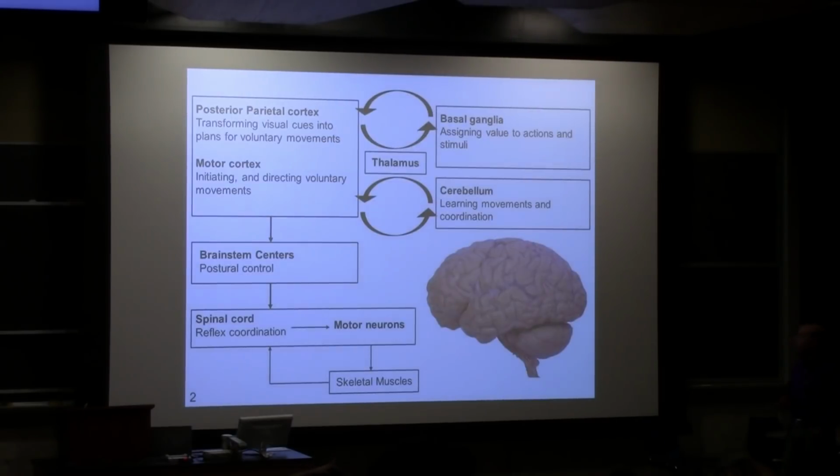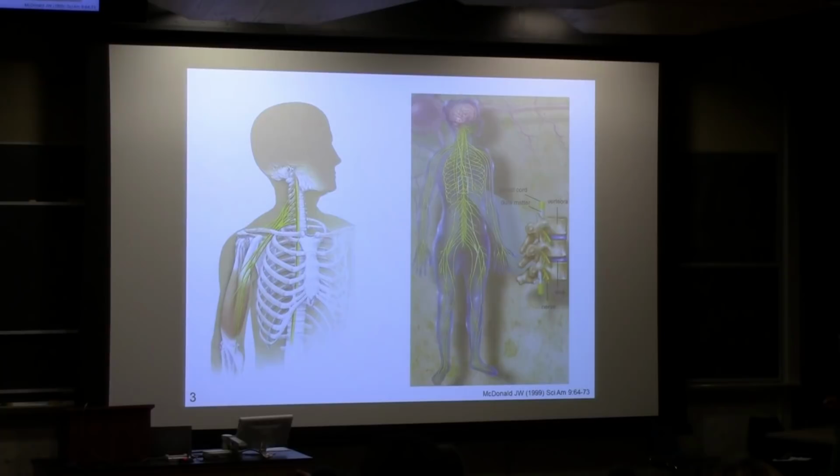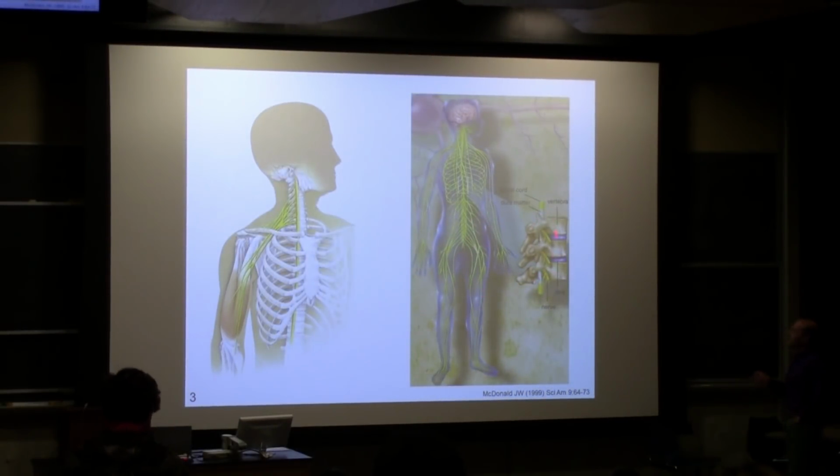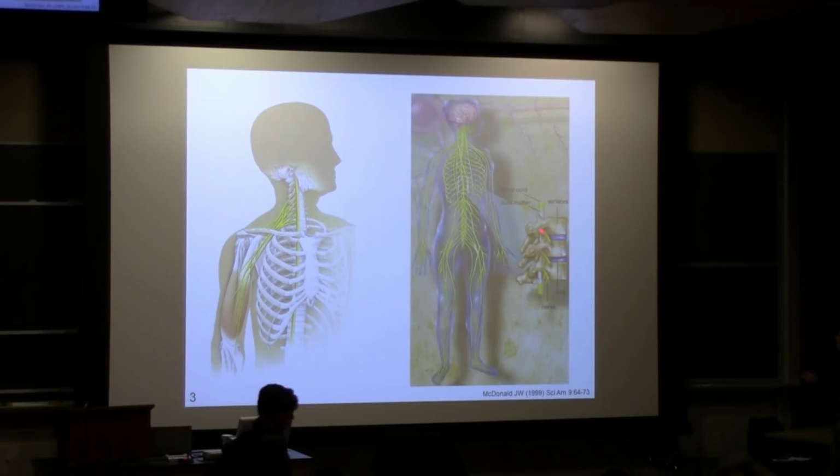Okay, so we're going to focus on the spinal cord and the control of movements as it comes to the spinal cord. So this is an illustration of the nerves that leave the spinal cord and go to various parts of the body. And here's an illustration of the spinal structure. This is a vertebra. You can feel the processes. If you put your hand behind your back, you can feel these things. This is a disc that separates the vertebra.